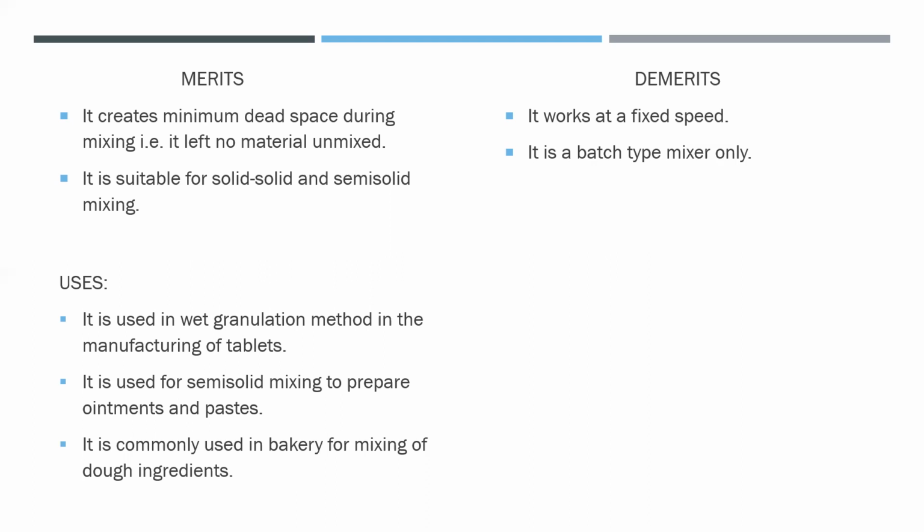Next point, uses of this sigma blade mixer. It is used in the wet granulation method in the manufacture of tablets. It is mostly used in the wet granulation method for the manufacture of tablets.